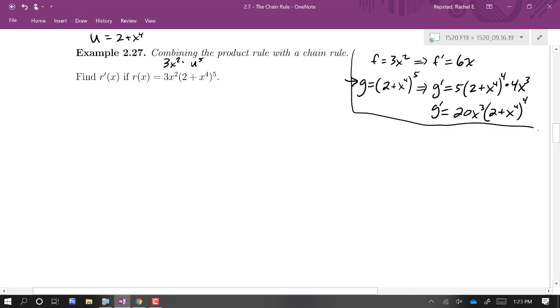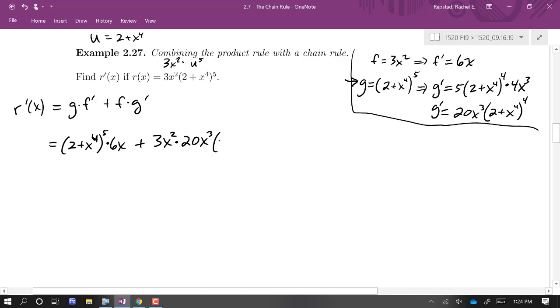So here's our side work. Now, let's put this together: g f prime plus f g prime. I'm going to just plug stuff in from the stuff we did over on the side. g times f prime is 2 plus x to the 4th, to the 5th power, times 6x, plus f, which is 3x squared, times g prime, 20x cubed times 2 plus x to the 4th power.